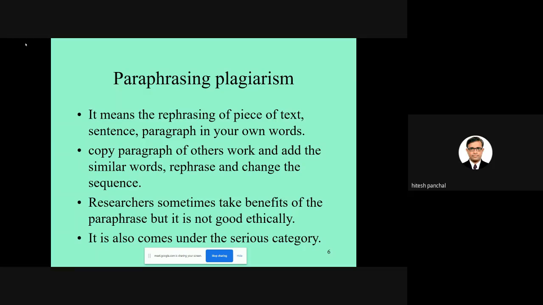You will put in your paragraph, and that software will rephrase the sentences with some changed meaning, and you will put the same in your research article. If you check with software other than Authenticate or Turnitin, you will obtain 0% plagiarism. So this paraphrasing plagiarism also comes under the serious category.